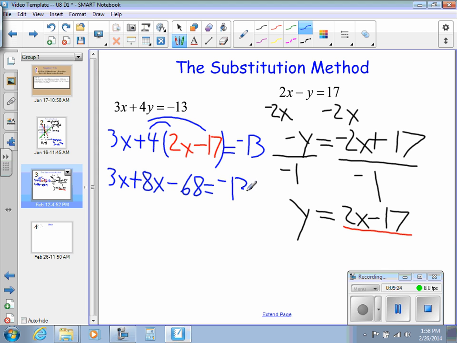Equals negative 13. Okay, so I have some like terms to combine here. So that's going to give me 11x minus 68 equals negative 13.